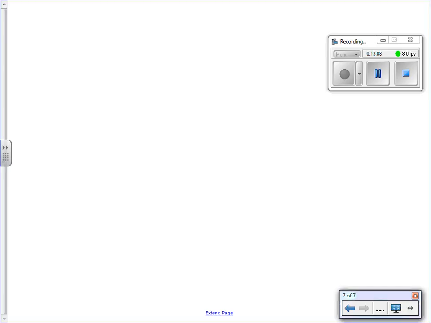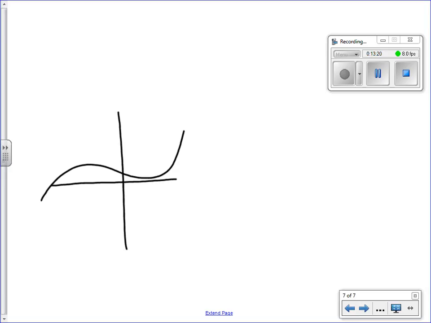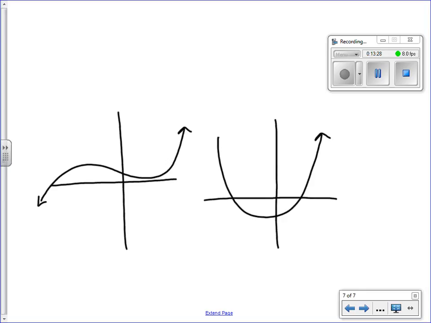A polynomial is a polynomial because it has a smooth graph. You never have to pick up your pencil, okay? You can graph it if it's a curve, or it's a smooth curve. You can graph it beautifully.